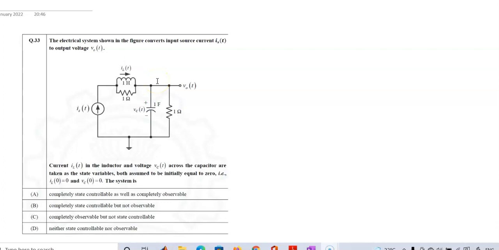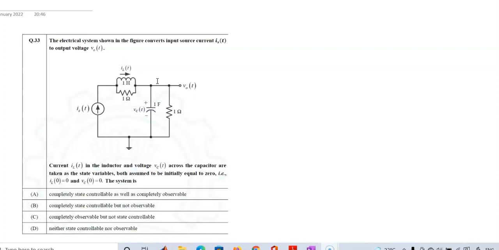Question number 33. The electric system shown in the figure converts input source current IS(t) to output voltage V0(t). The current IL(t) in the inductor and voltage VC(t) across the capacitor are taken as the state variables, both assumed to be initially 0, that is IL(0) is 0 and VC(0) equal to 0.